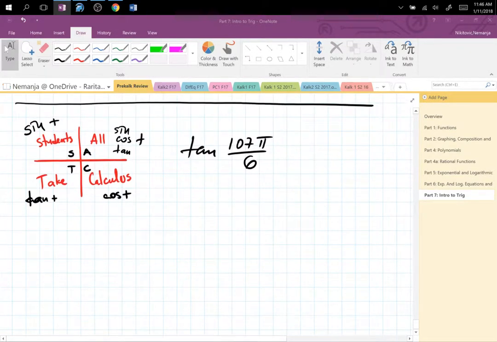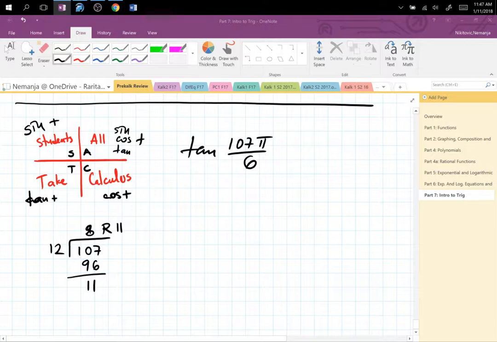We have 107 pi over 6. Over 6, that means 12 pi over 6. So 12 into 107 would go 9 times. Oh, it's going 8 times, right? 8 times, that's 96. And that gives me 11. So the remainder is 11.